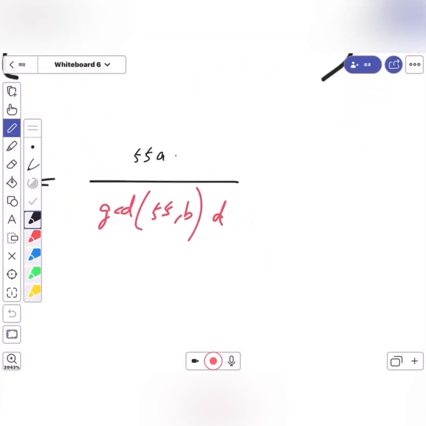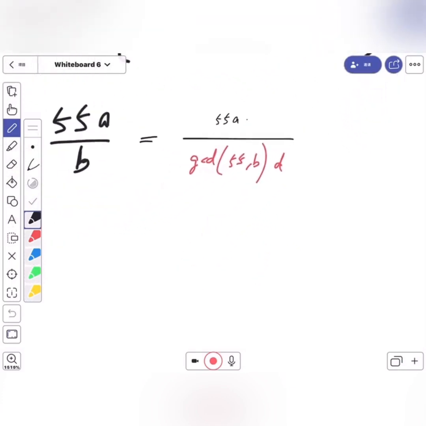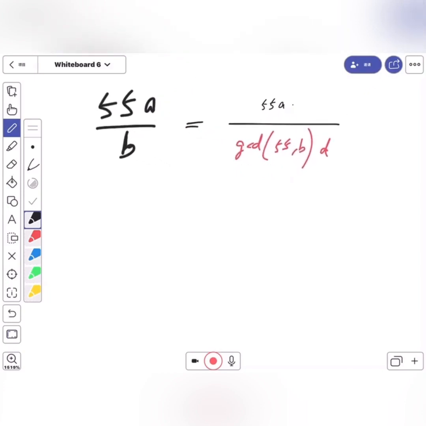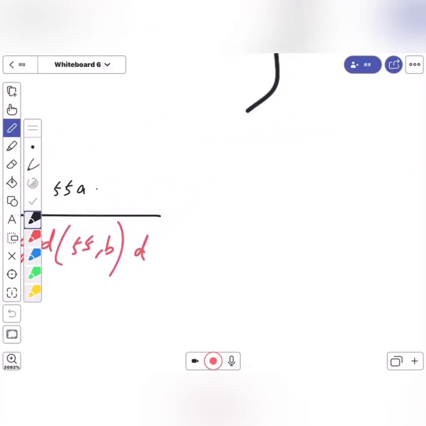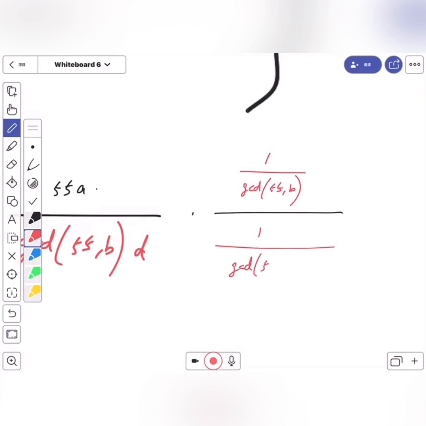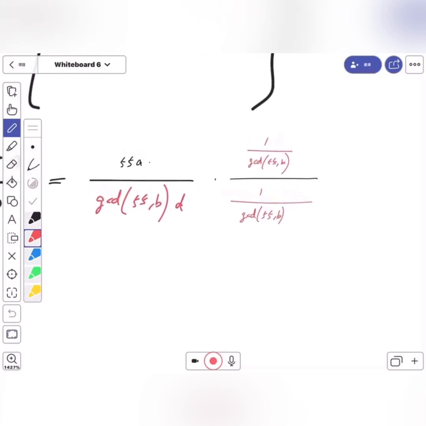Right, so essentially, if we just divide both sides by GCD of 55 comma B, then we can multiply it by this fraction, 1 over GCD of 55 comma B over 1 over GCD of 55 comma B. Because if we multiply a fraction by some fraction that's equivalent to 1, then the value is going to remain.